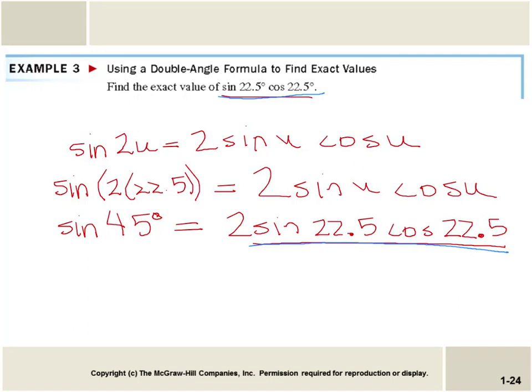Okay, what do I do with that 2? Well, it's already factored out. What else do I do? If I have y equals 2x and I want to solve for x, what do I do?